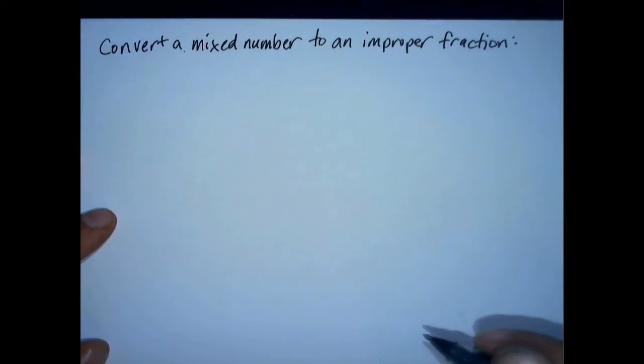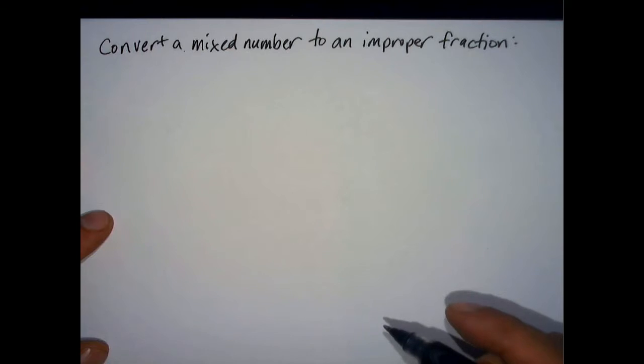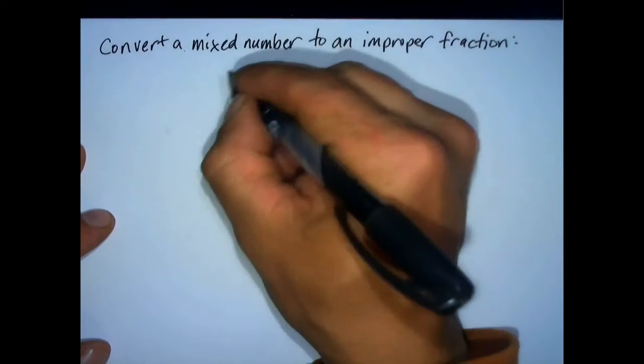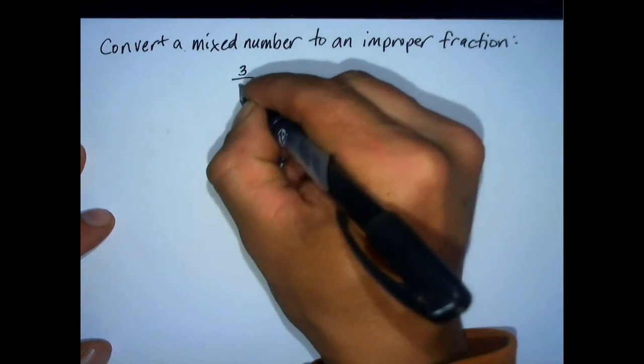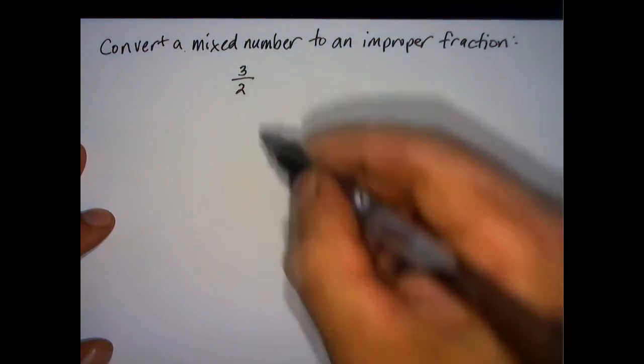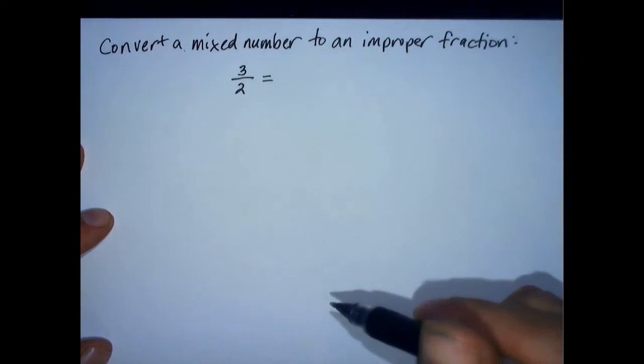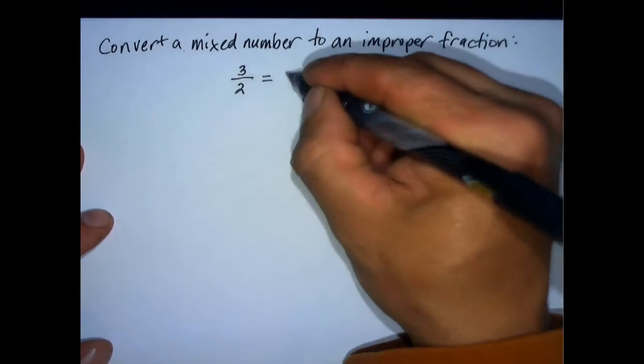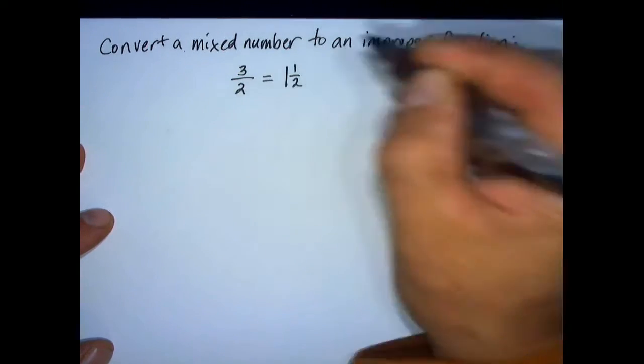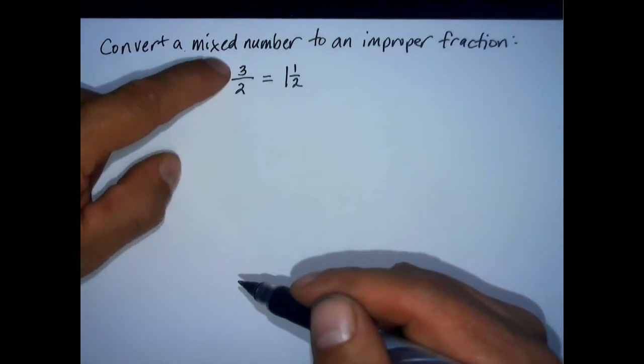Let's use our example of 3/2. We already know the answer. 3/2 is 1 and 1/2, or 1.5.